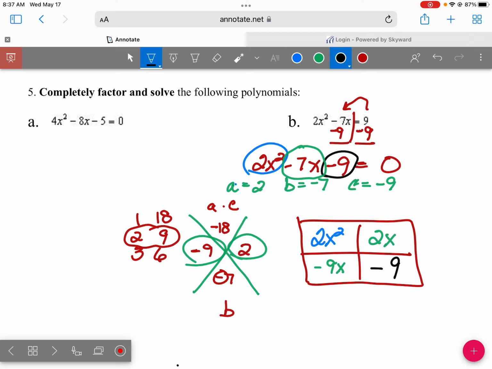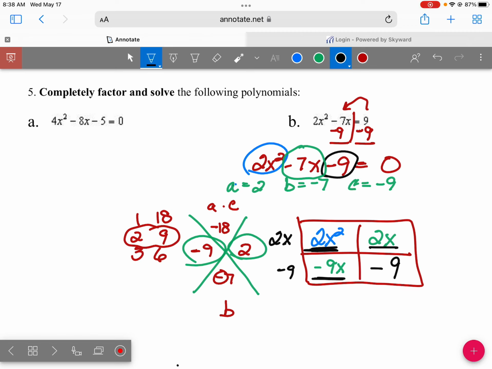So putting these together, finding my greatest common factor of the row, 2x squared and 2x. They both have 2's in common. They both have an x. The second row, negative 9x and negative 9. Greatest common factor is going to be negative 9. Then I got to look at the columns, 2x squared and negative 9x. The 2 and negative 9 don't have anything in common except for 1.